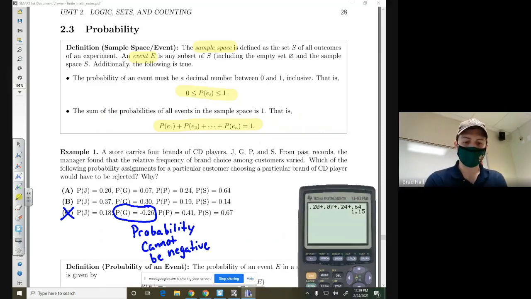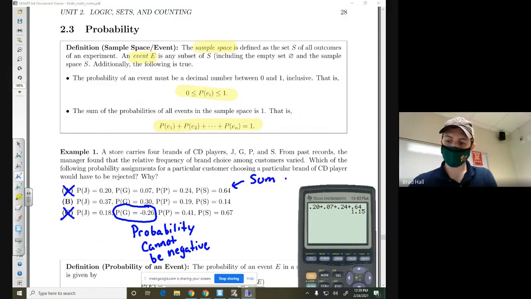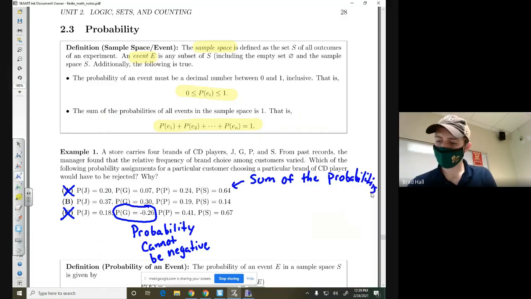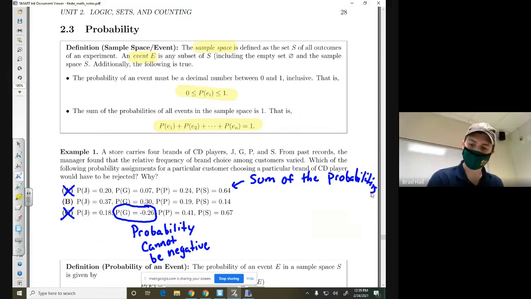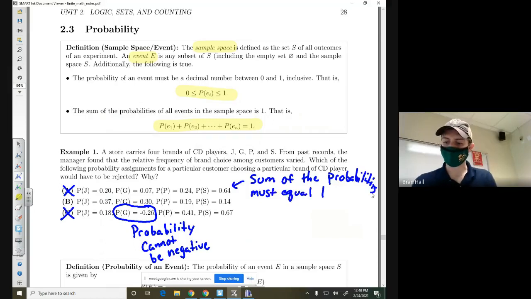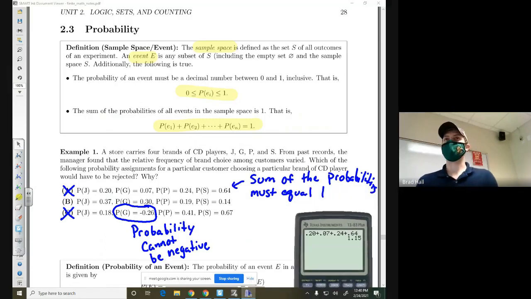So it instantly cannot be A either, because the sum of the probabilities, actually I should put must, equal 1. And as we saw, the sum of the probabilities came out to be 1.15.